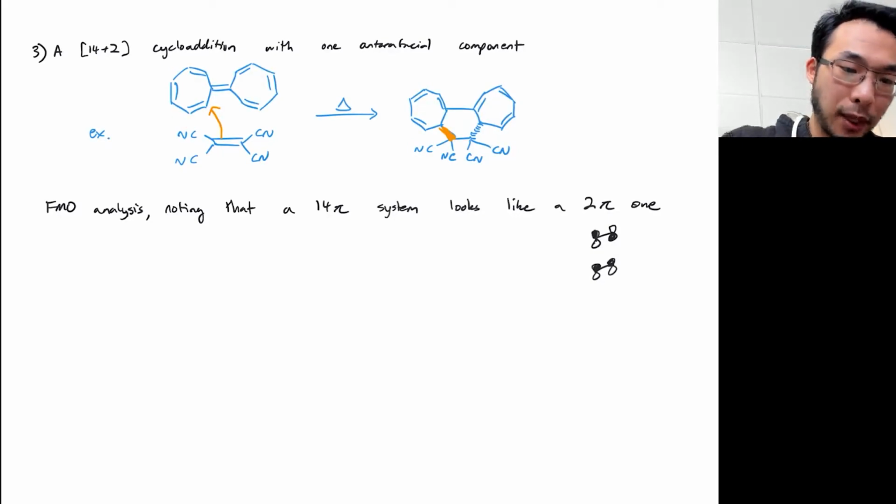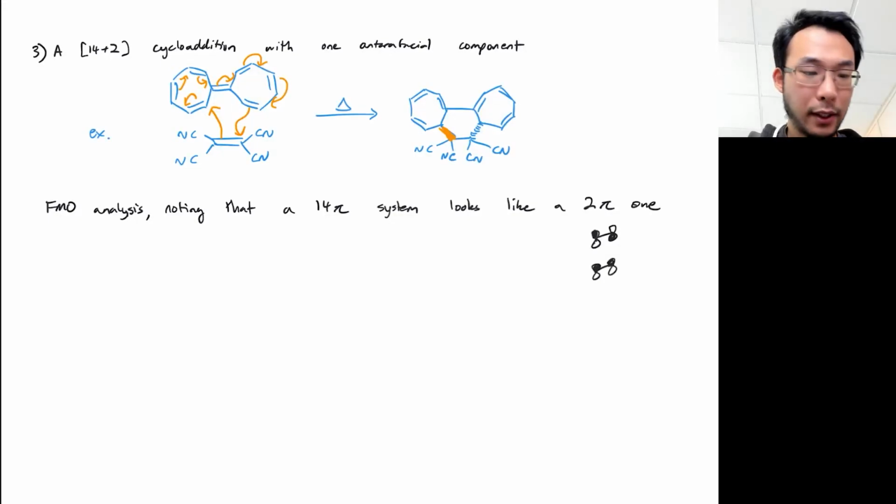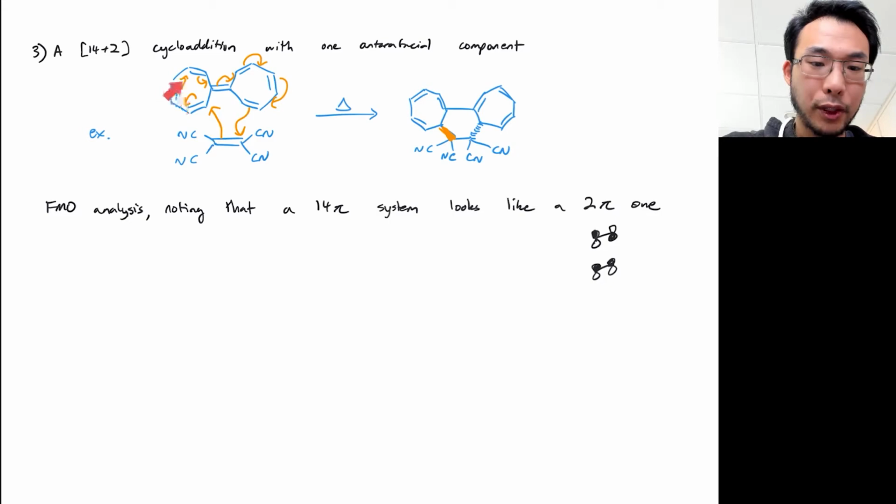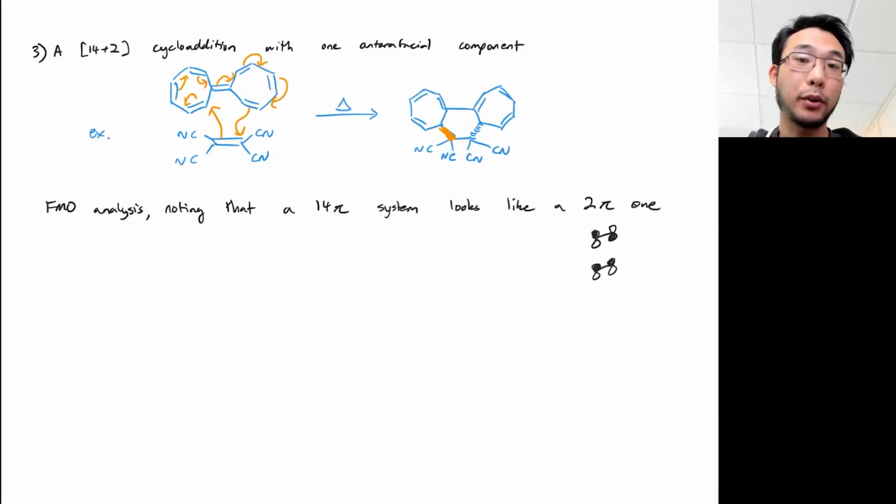So we have to push our pi bonds this way, and that's why we have to go through all of these pi bonds in order for the cycloaddition to happen. So if you're counting electrons now, we should have 2, 4, 6, 8, 10, 12, 14, 16 electrons here. That's corresponding to a 4n electron system, which means that we would expect that we could do this reaction only under photochemical conditions to achieve the suprafacial plus suprafacial reaction.